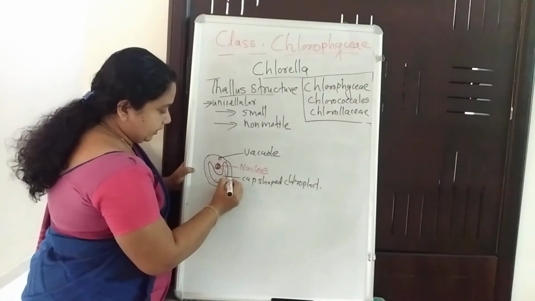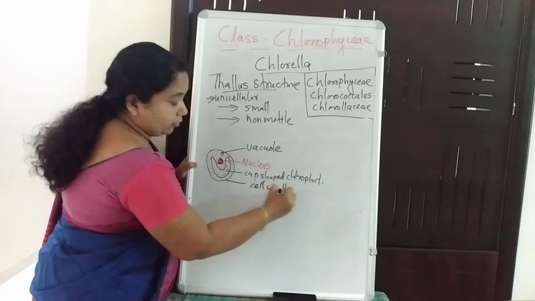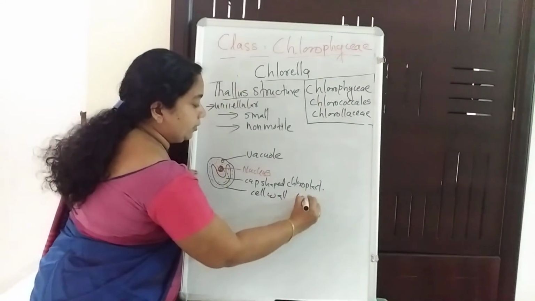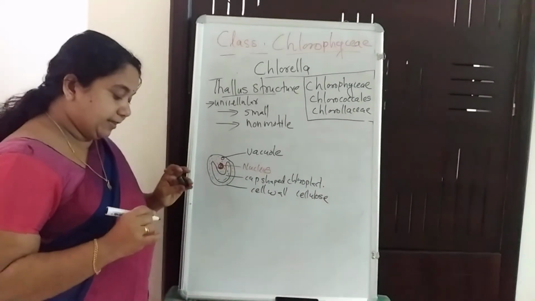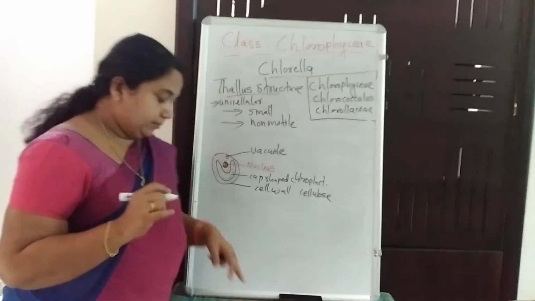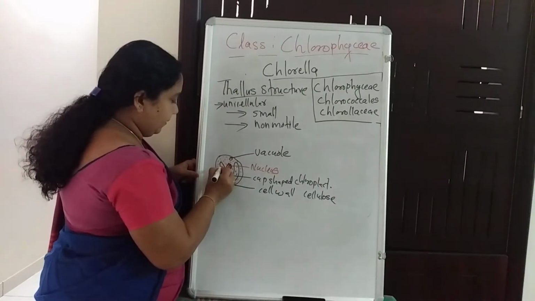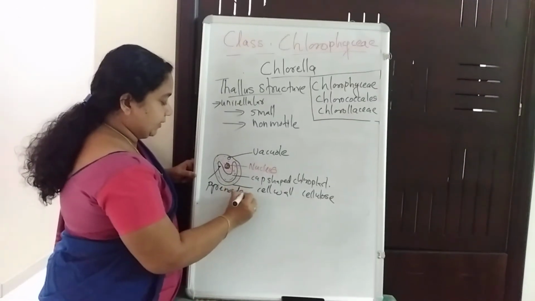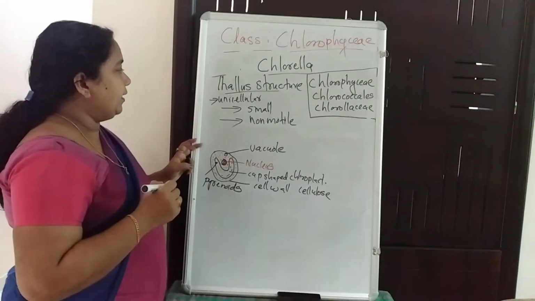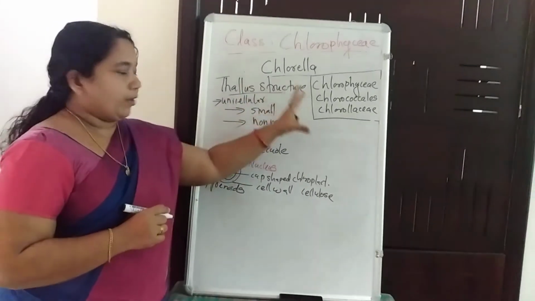And also it has the outer cell wall. We already know that the cell wall is made up of cellulose. A cellulosic cell wall is there, and it has a single pyrenoid. These are the internal structures of this Chlorella.